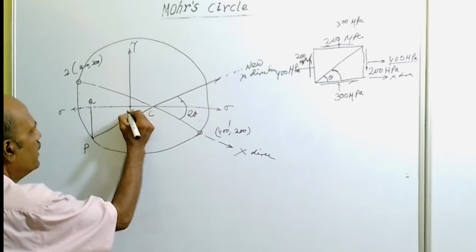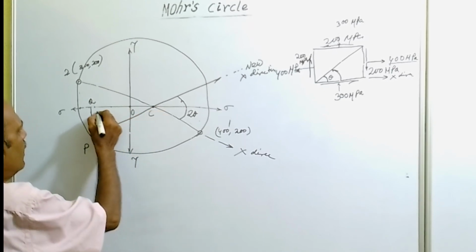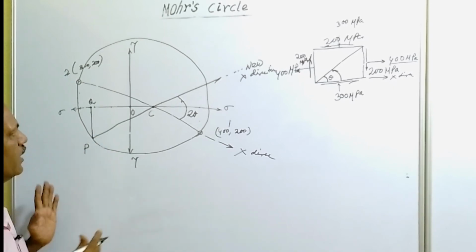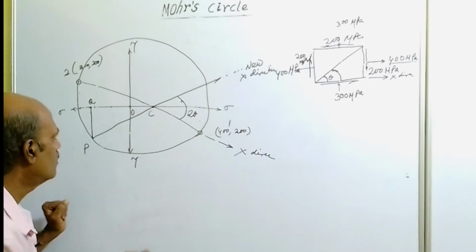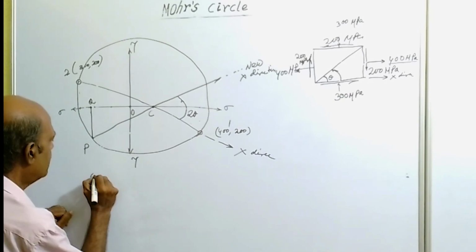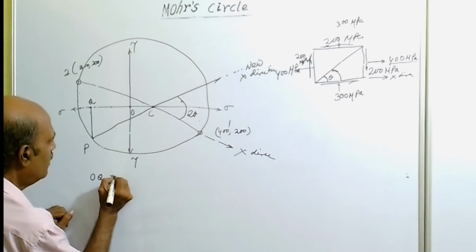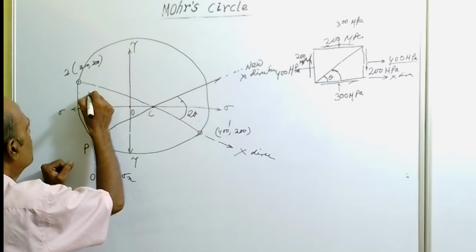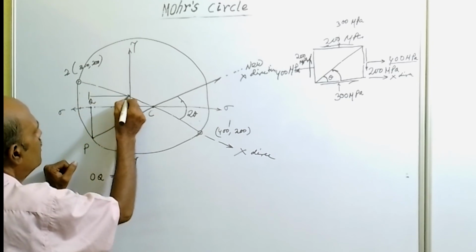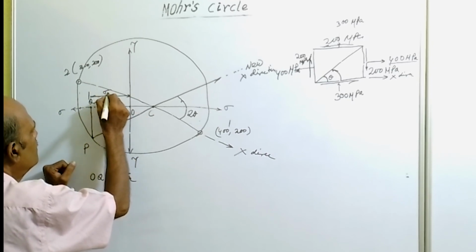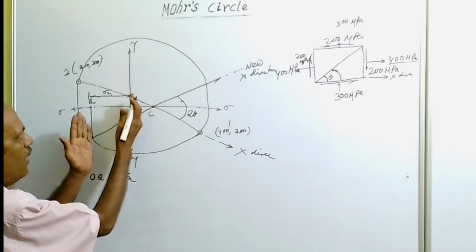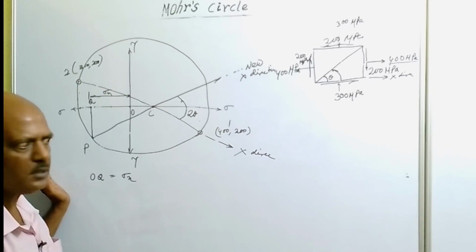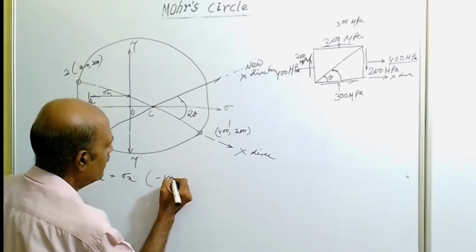So this one is your origin. This is the center of the Mohr circle, and this point Q we have got, and this is the P point. Now measure the distances and give the answer. Measure distance OQ, that will give you sigma n. As it is towards the left side of the origin, it will be negative, that means compressive.